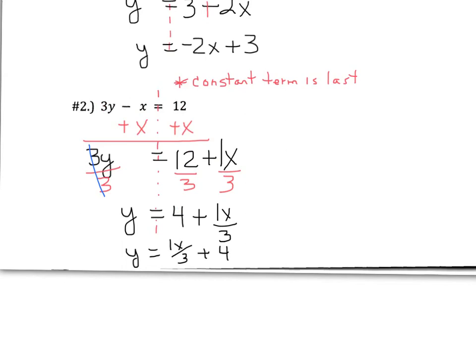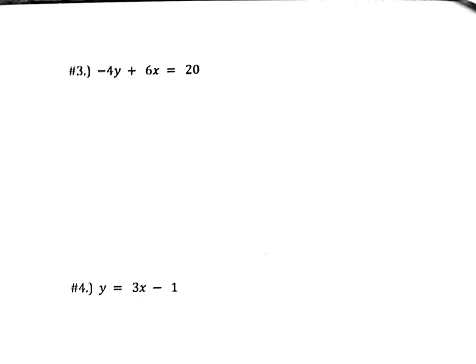All right, let's see what page 2 is. And here we go. Draw your dotted line. We're trying to get the y alone, so we have to peel off the plus 6x. The opposite of add 6x is subtract 6x.